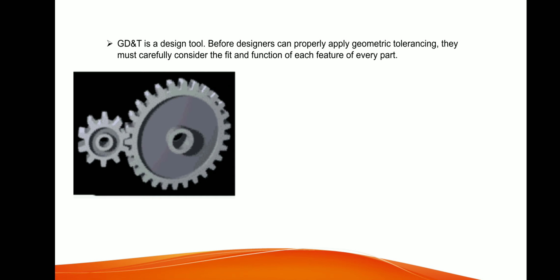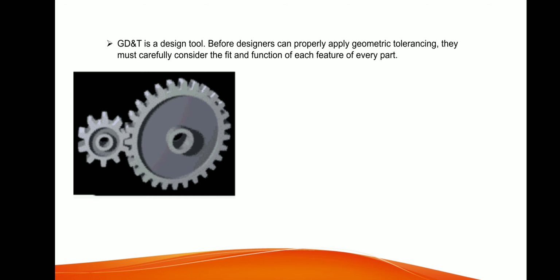Then the designer asks him, why have you given plus minus 0.02 for this and plus minus 0.01 for this? Then he says that I have made this part by casting as it is cost effective, and I cannot achieve less than plus minus 0.02 for this part, and I have made this part with a forming process, and I can achieve plus minus 0.01 for this. Then is it a worthy thing? No.